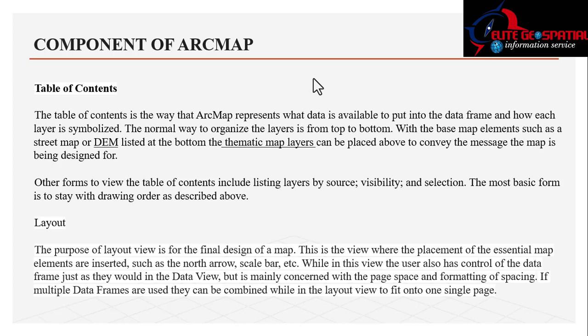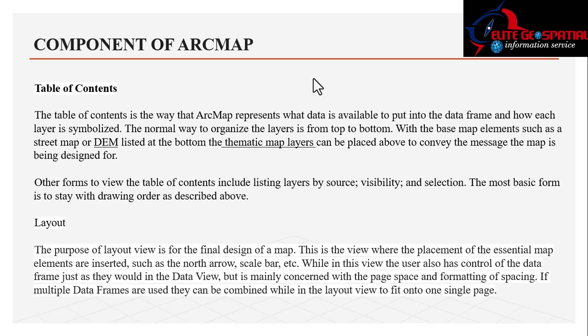So the next is the table of content. Table of content is the way that ArcMap represents what data is available to put into the data frame and how each layer is symbolized. The normal way to organize the layers is from top to bottom, with the base map elements such as street map or DEM listed at the bottom.